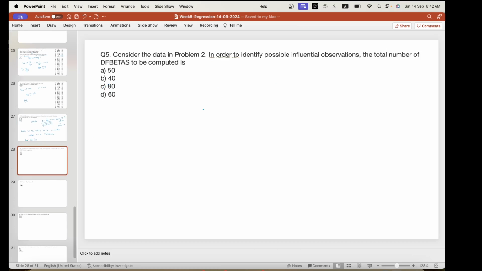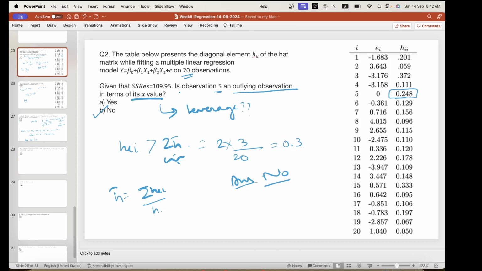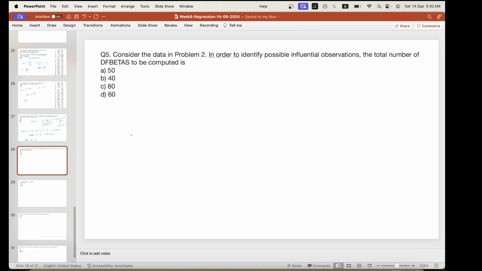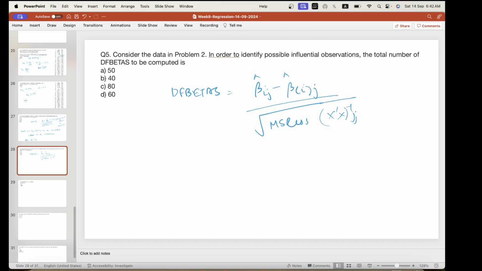moving on. So if we consider the data in problem 2, in order to identify possible influential observations, the total number of DF betas to be computed is how much? So let's just find out how many. So here DF beta is actually (beta j hat minus beta j(i) hat) by root over MS residual into (X prime X) inverse jj.